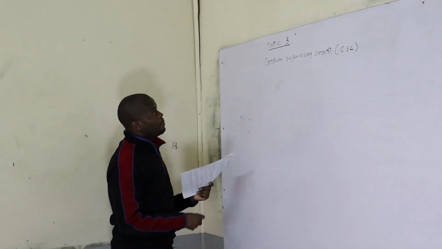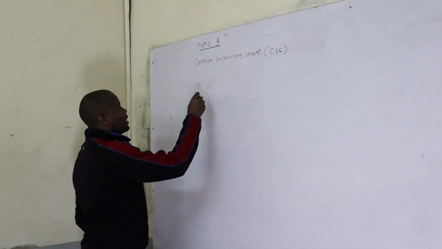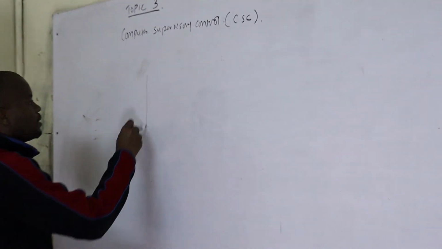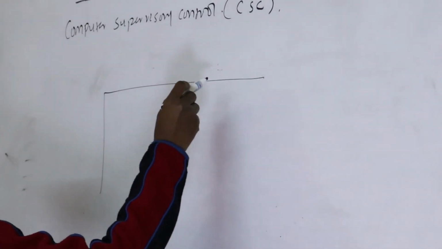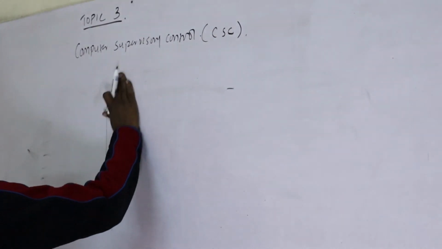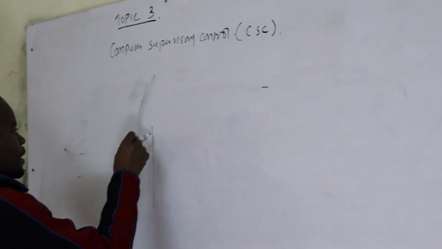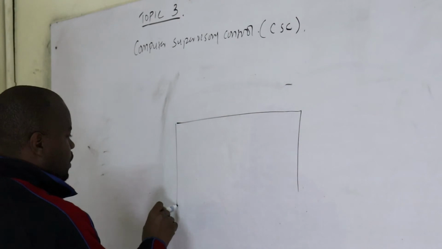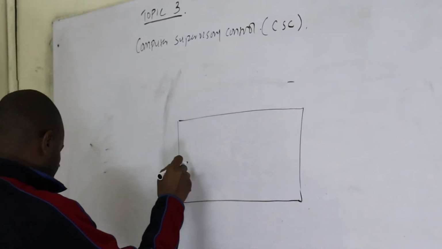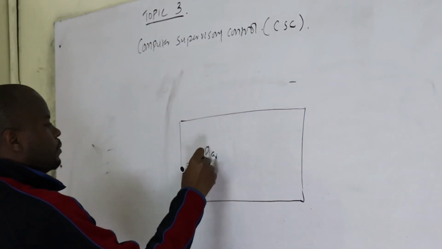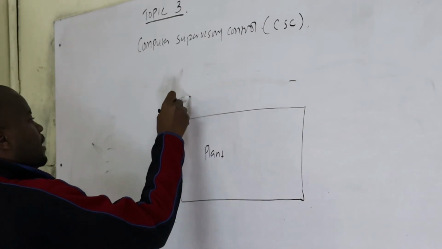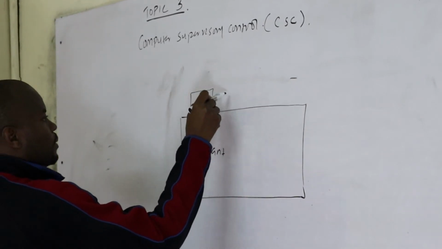So maybe we can talk about its block diagram, whereby we can have something like that. In this case, this is the plant, and then here we have the transducers.